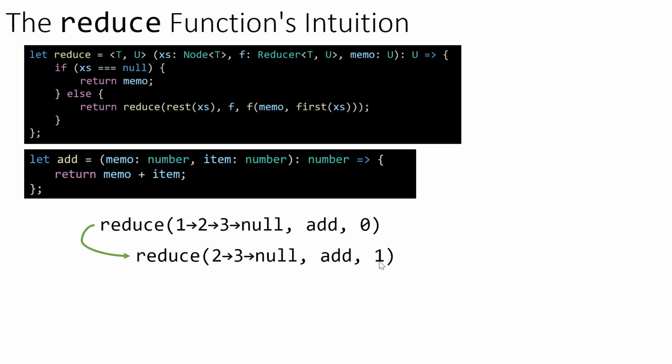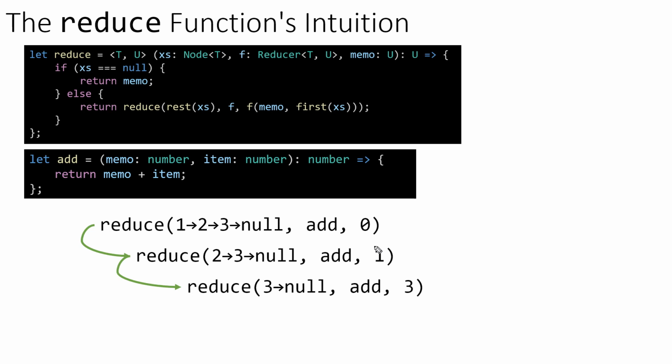And this will be the memo that's computed from 1 and 2, right? So when we pass 1 and 2 to the add function, the add reducer, that would give us 3. So this call to reduce is replaced by the return value of the next call to reduce, which we've moved forward in our list by 1. We're using this add function as the reducer, and the accumulated value here now is 3, right?